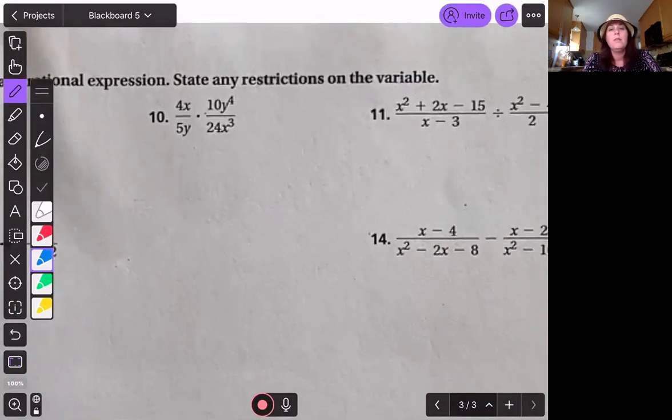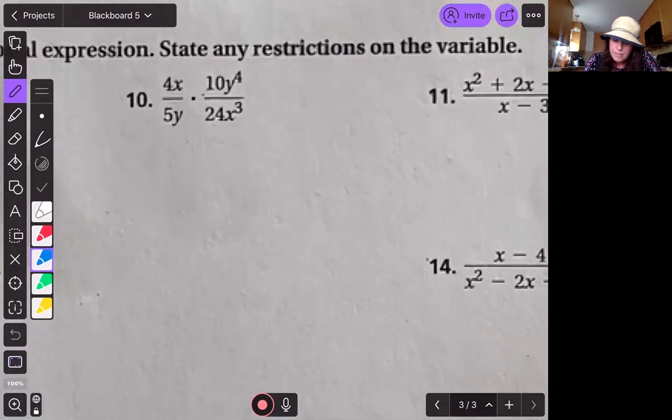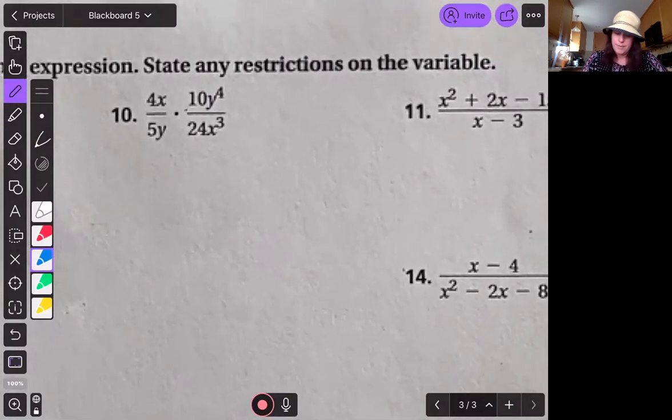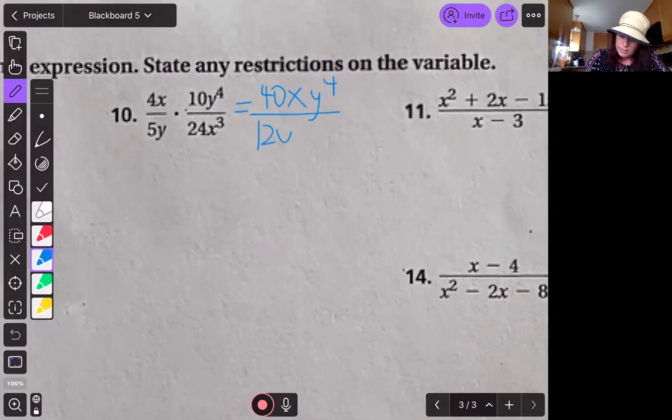Here we go. We're going to state any restrictions on the variables and simplify. There are a few ways to do these problems. I think a lot of you chose to just multiply straight across. So 4 times 10 is 40, x y to the 4th. On the bottom, 5 times 24 is 120, x cubed y. Now you need to reduce.